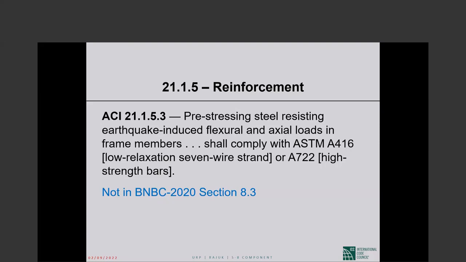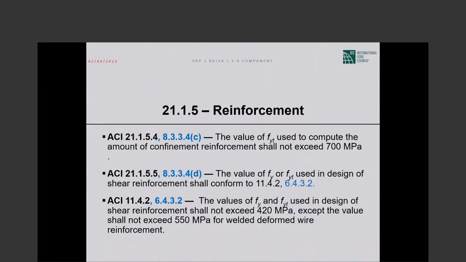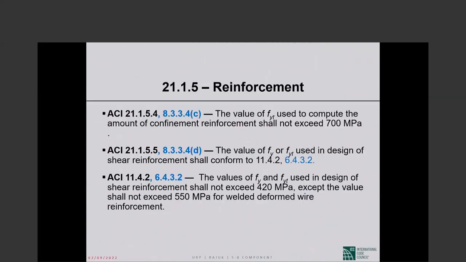So BNBC does not officially recognize the use of pre-stressed members as part of the seismic force resisting system of a structure in a high seismic design category. It is as simple as that. There is no standard cited for pre-stressing reinforcement in BNBC.